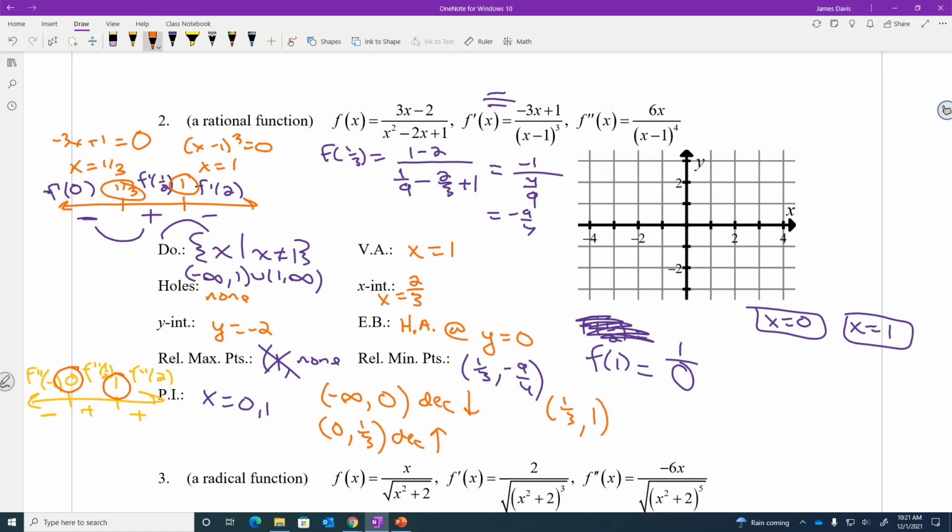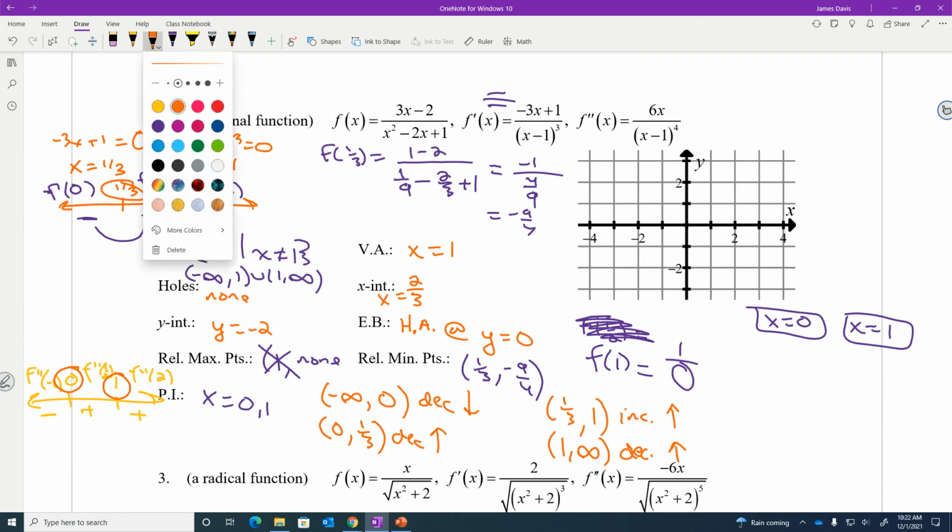So a third to 1, we're now increasing, and we're still concave up. And then 1's our last critical or inflection point. So then 1 to infinity, we're now decreasing, so we're negative and up. It can be helpful to write out your intervals in that way, just to put them all together, I think.